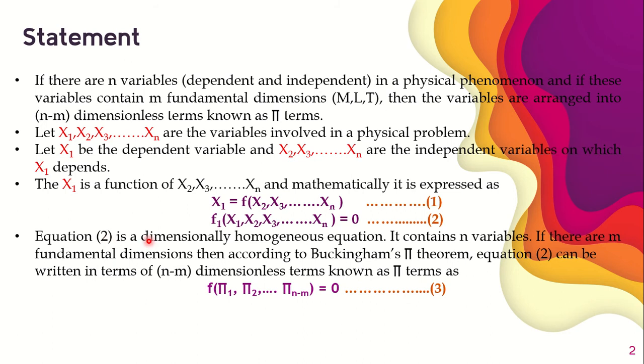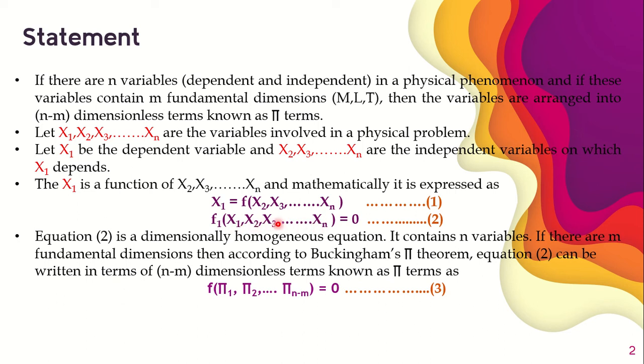Equation 2 is a dimensionally homogeneous equation. You know what a dimensionally homogeneous equation is, right? I have discussed it in my earlier videos. And it contains n variables. When you write f of something equal to 0, the variables inside it give you the number of variables. You can count 1, 2, 3 and so on to n.